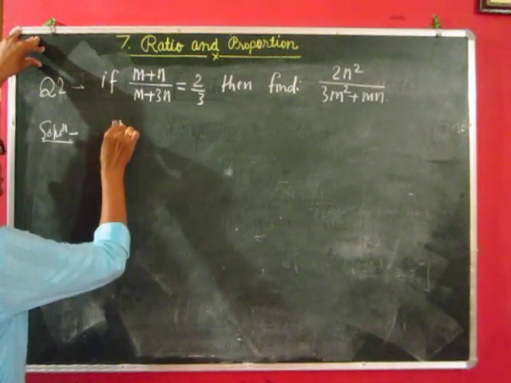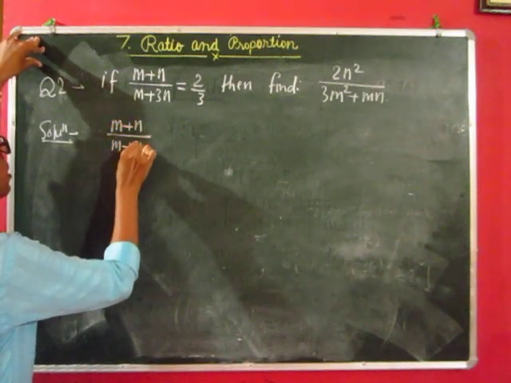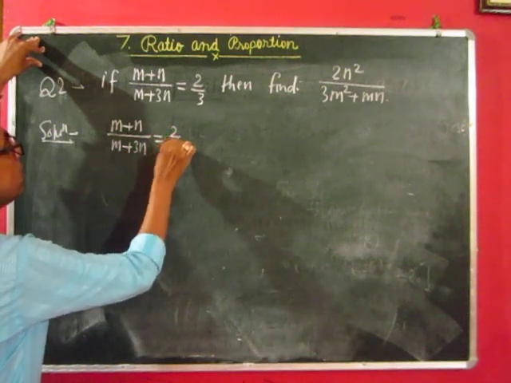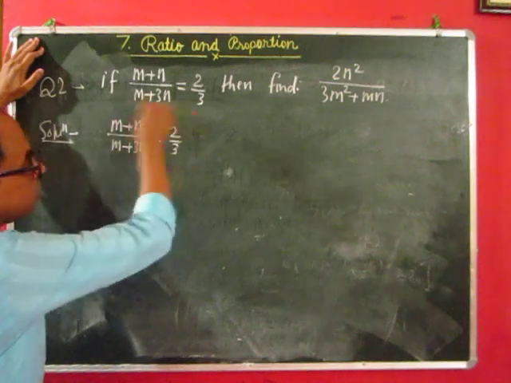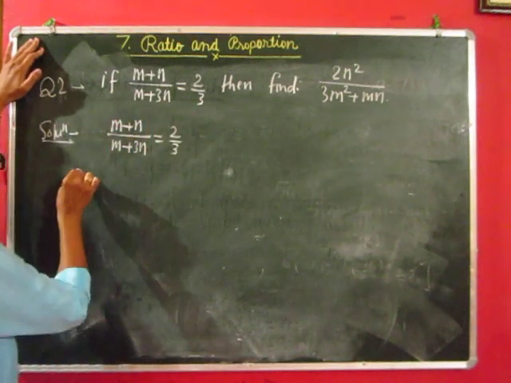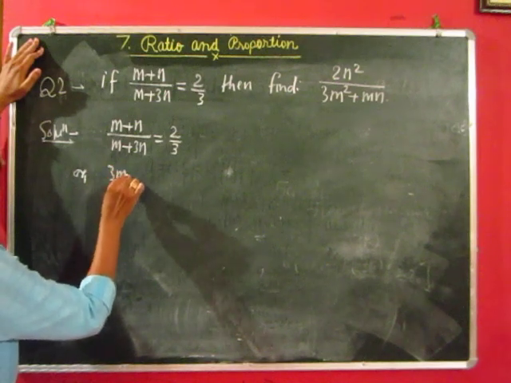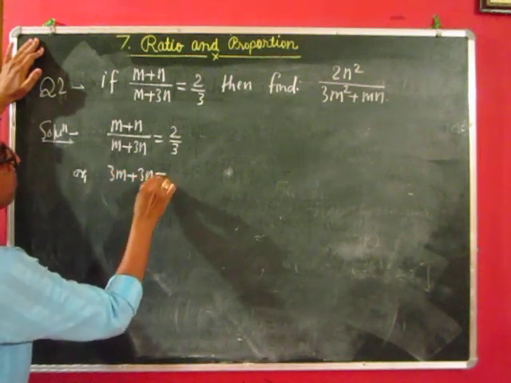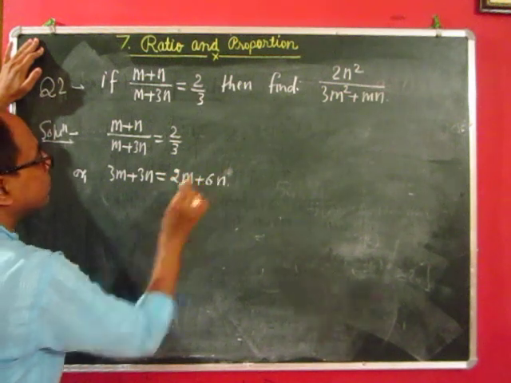given ratio is m plus n divided by m plus 3n is equal to 2 by 3. Clear? So first of all simplify this ratio. We can simplify this by cross multiplying. 3m plus 3n is equal to 2m plus 6n.